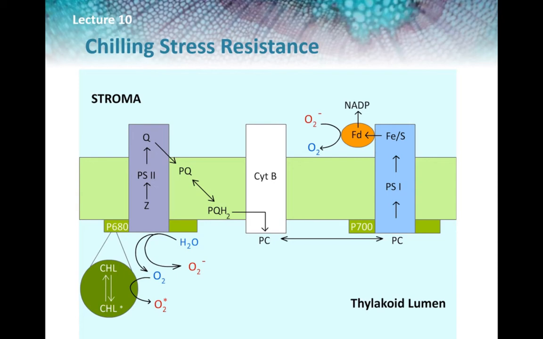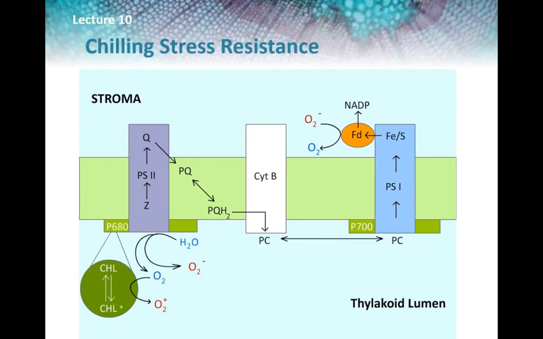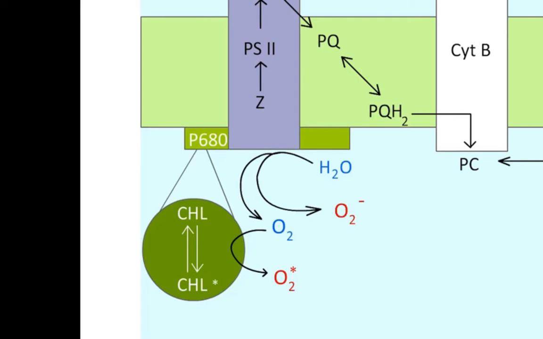Illuminated plants exposed to stress continue generating reducing power but have less demand. This results in a buildup of NADPH and a shortage of NADP. If the electrons are passed to oxygen, superoxide is formed. A backup in electron transport can also lead to energy transfer from chlorophyll to oxygen, forming singlet oxygen.